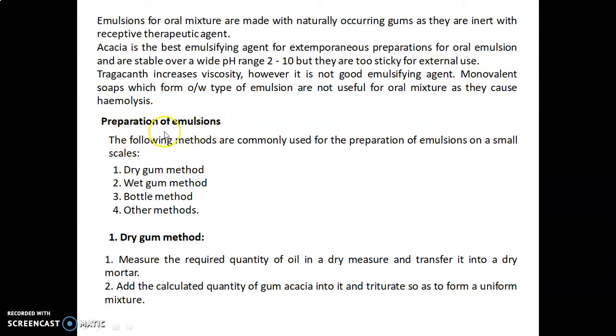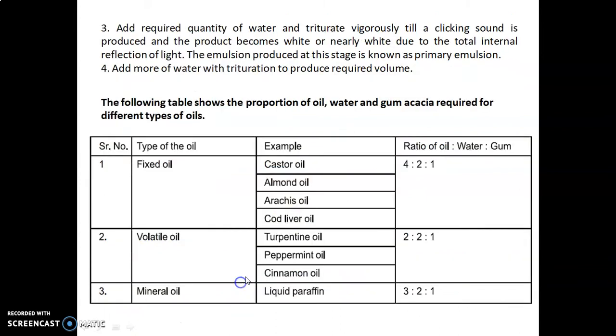Preparation of emulsions. The following methods are commonly used for the preparation of emulsions on a small scale: dry gum method, wet gum method, bottle method, and other methods. First of all, let's discuss the dry gum method. In this, first we measure the required quantity of oil in a dry measure and transfer it into a dry mortar. Then add the calculated quantity of gum acacia and triturate to form a uniform mixture.